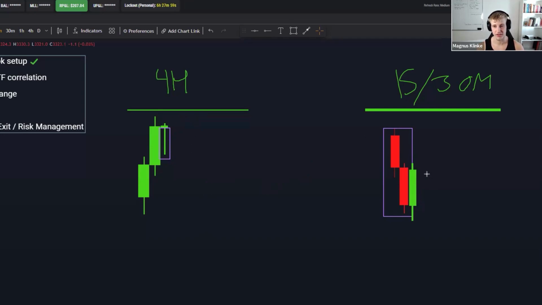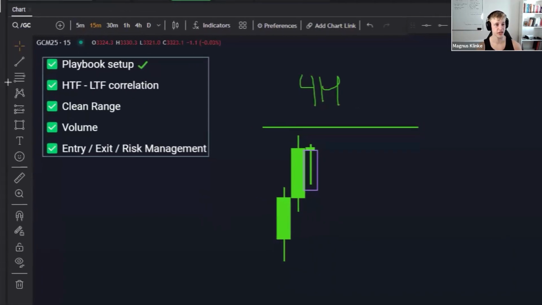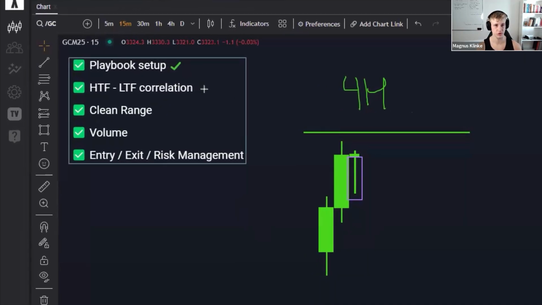We can identify that support and say, okay, now we know that the 4-hour is bullish. Basically, the daily has got to be bullish too. Let's just say this example is bullish too, the 4-hour is bullish, daily bullish. We have the 15 creating support, we have the 30 creating support. Everything is looking great here, so we can then check off higher time frame to lower time frame correlation. So that is looking pretty good too.